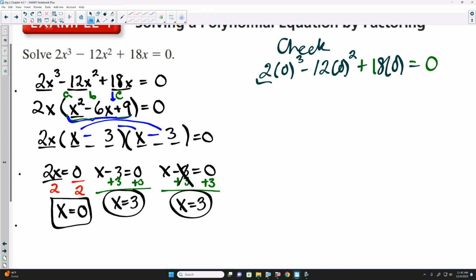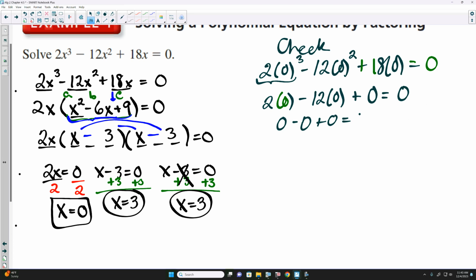Well, 0 to the third is still 0. 0 squared is still 0. And 18 times 0 is 0. 2 times 0 is 0. 12 times 0 is 0. And 0 minus 0 plus 0 is indeed 0. It really didn't tell us much, but 0 does work.